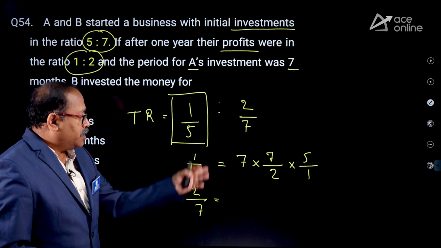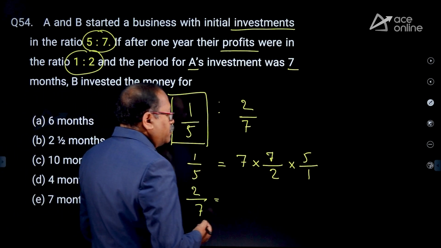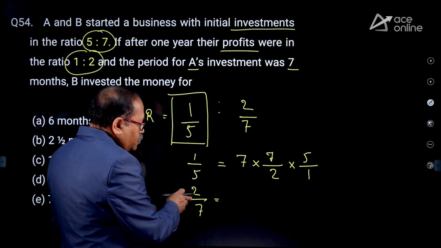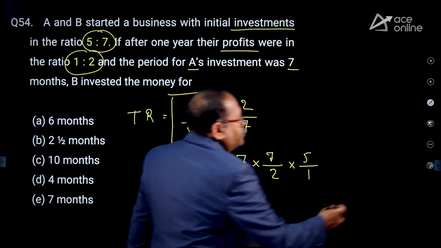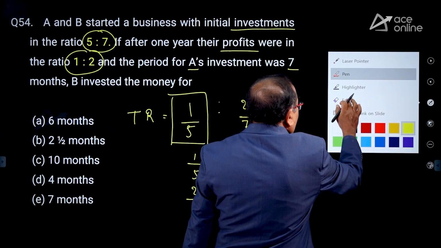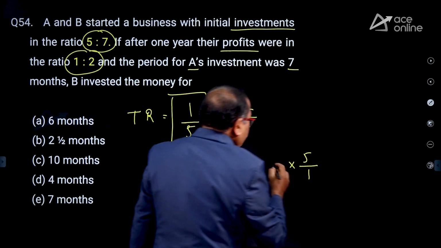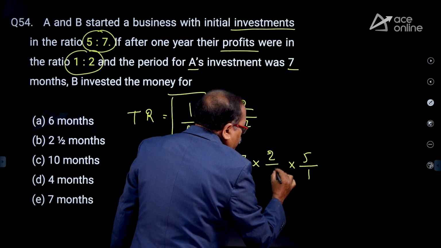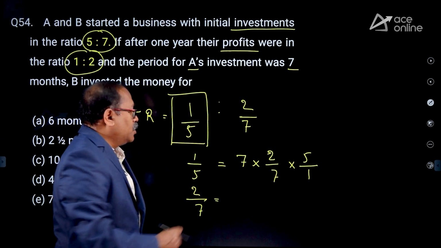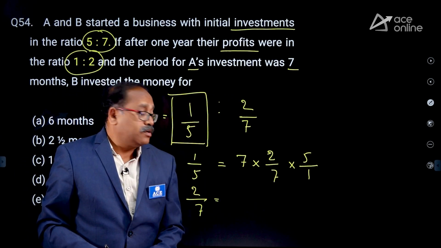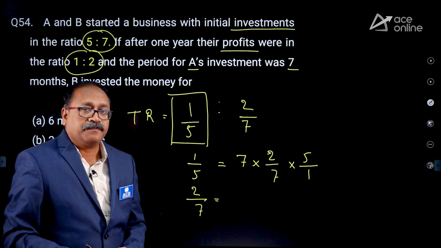The rest is simplification. So let's check this one, what happens. This should be 2 by 7, this one. Okay, so this part is 2 by 7 into 5 by 1.